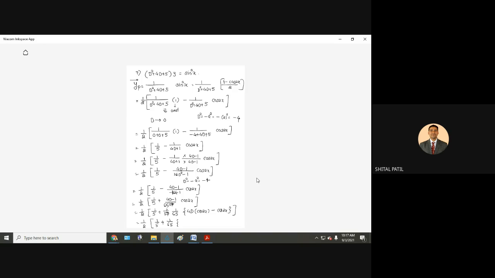Derivative of cos 2x. What is derivative of cos 2x? Minus sin 2x into 2. So minus 8. In next step you can take minus sign outside. Please do that yourself.